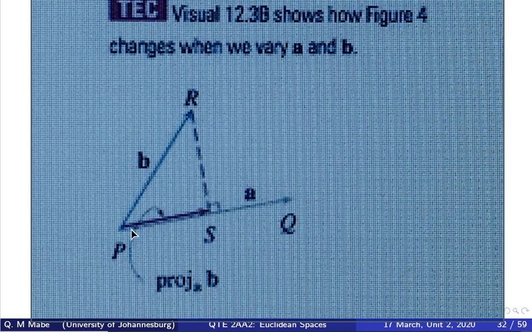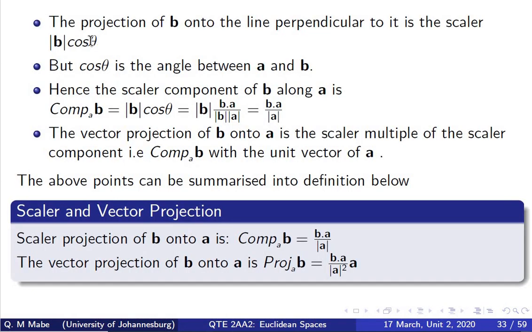So if this is the component of A along B, we have that the cos of theta, right? The cos of theta is its adjacent over its hypotenuse. So we will have cos theta is equal to the component of A along B over the magnitude B, right? Which is what we have here.